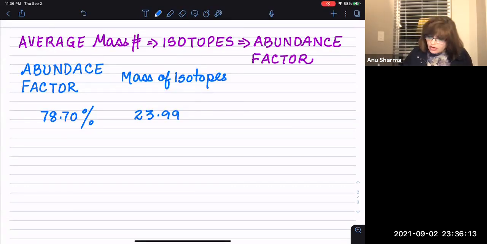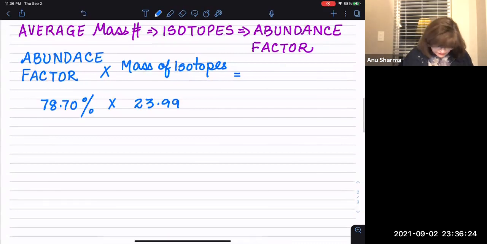All we do is multiply this, and then you add the masses from the individual samples.